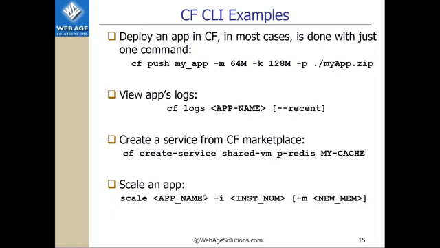So you pretty much can scale a running application. You can specify the number of instances that you expect to provide enough support for the incoming traffic. Also, you can specify the memory if you would like to increase.